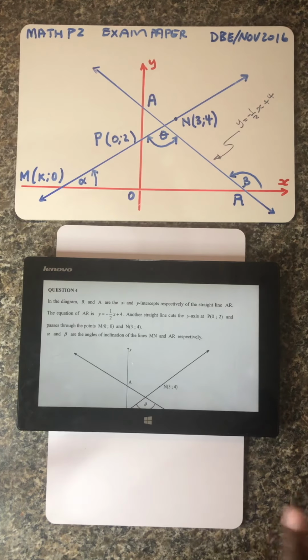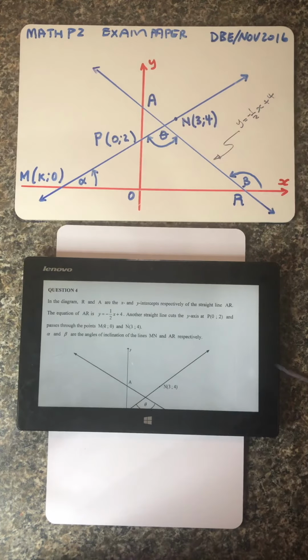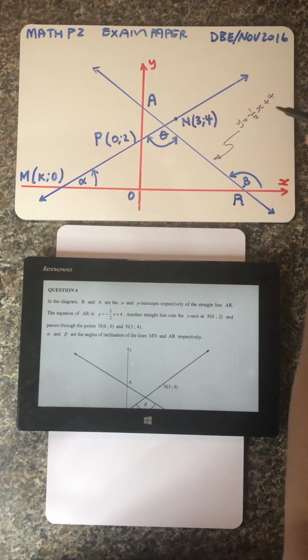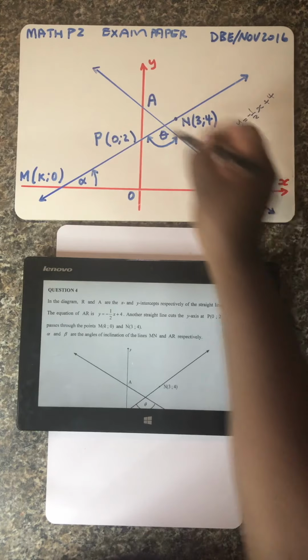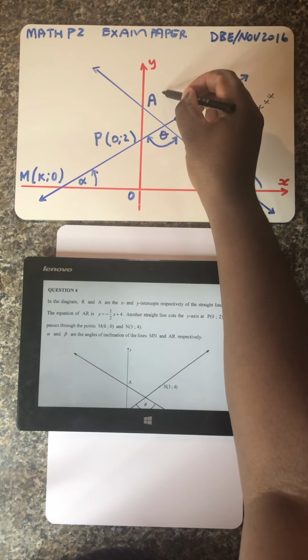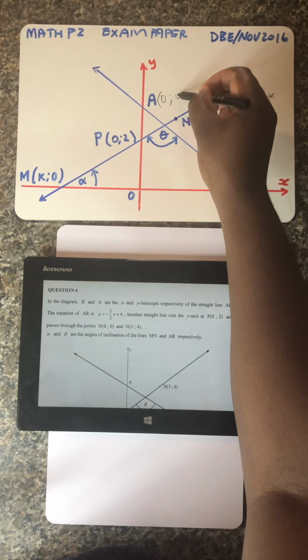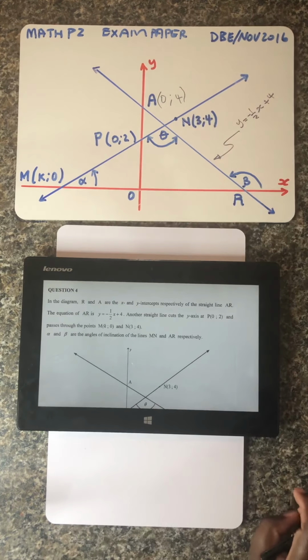Okay, so we already know, guys, with regards to a straight line, that the gradient of AR is -1/2. And again, the y-intercept of straight line AR is equal to 4. So that means the coordinates of A, obviously the x is 0 and y is 4.